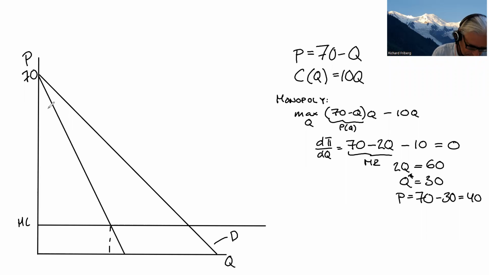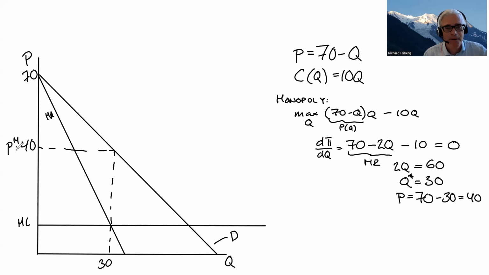So let's write MR here. What's the optimal quantity? Well, it's 30, and at that quantity of 30, the price is equal to 40. And as you know from the monopoly chapter, there would be a deadweight loss here. We can call this PM, not prime minister, but monopoly price.